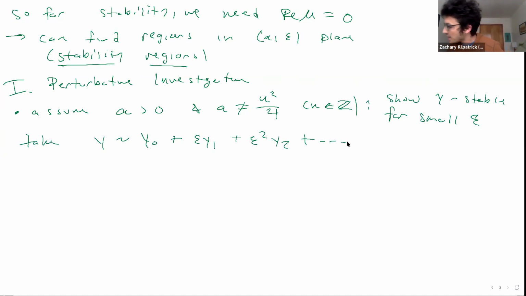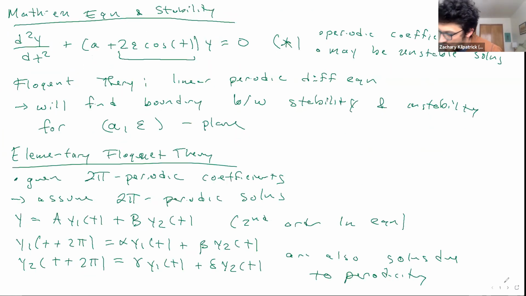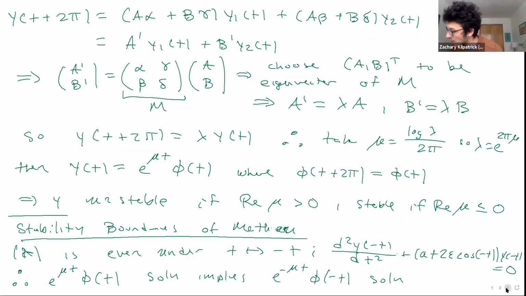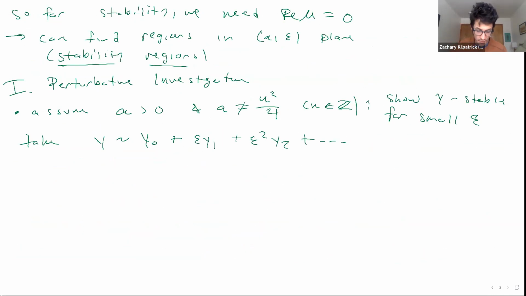Now, if we plug that in, let's just look back at Mathieu's equation here. We just have our typical second order operator, and then we have this term here. So we see that to first order, we're just going to have this term and y0 here. As a reference, we can rewrite that: d2y/dt squared.